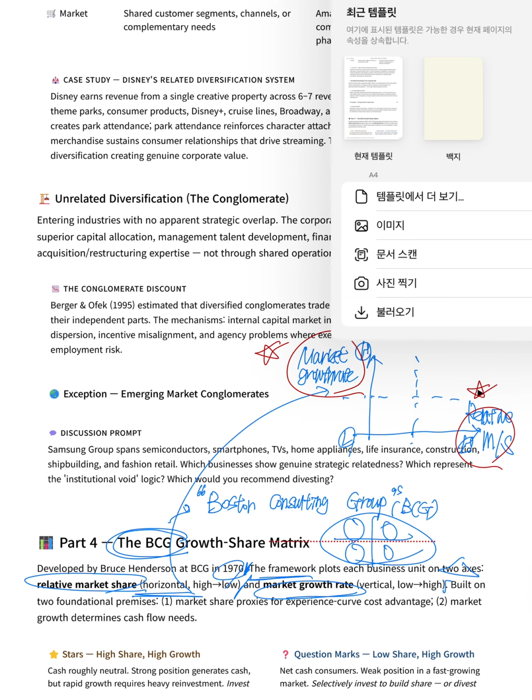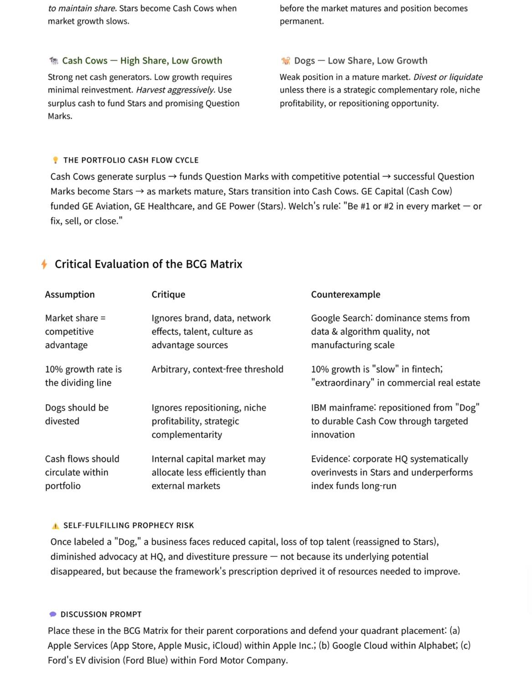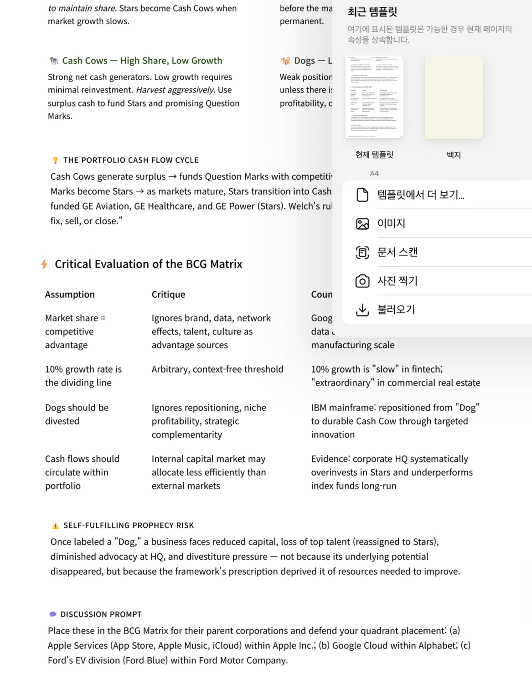Okay, so let's open a new page to explain the BCG matrix. The BCG matrix places each business unit in one of four cells based on two dimensions: relative market share and market growth rate.